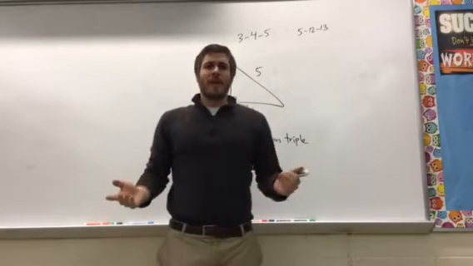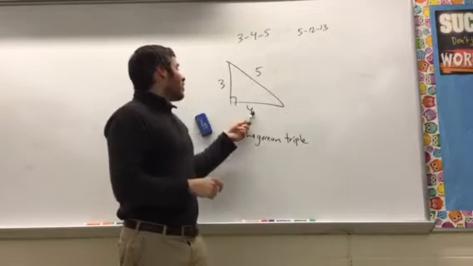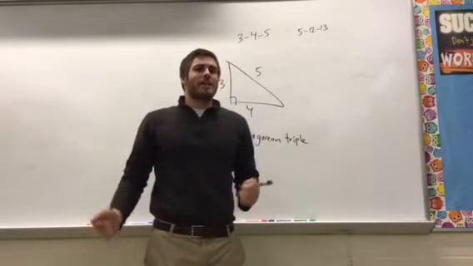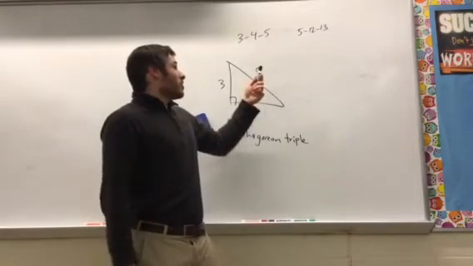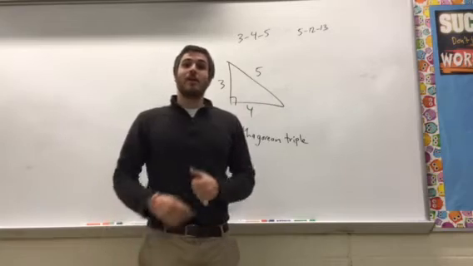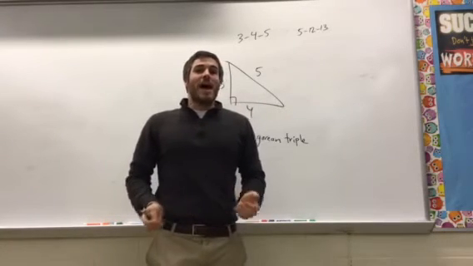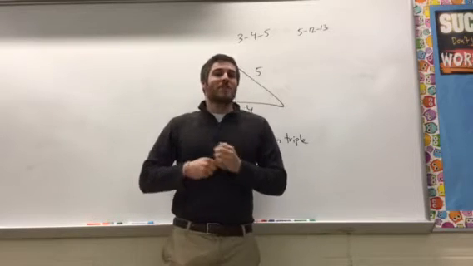So Pythagorean triples, they always are whole numbers. There's not that many of them because there's not many combinations where a squared plus b squared is equal to c squared.